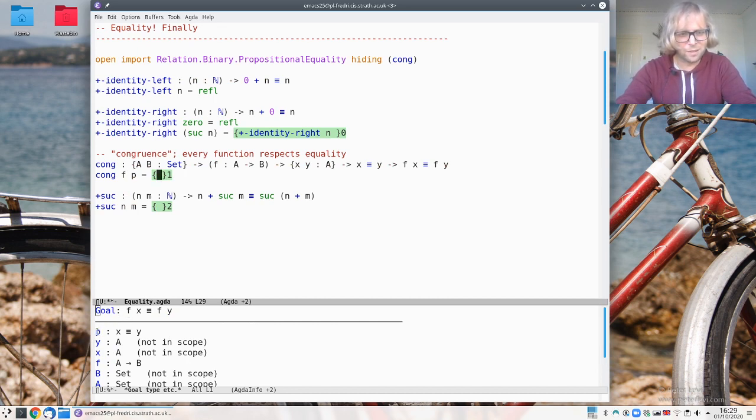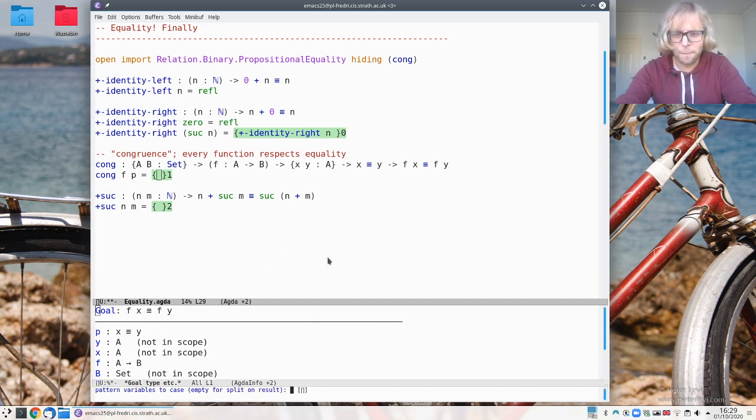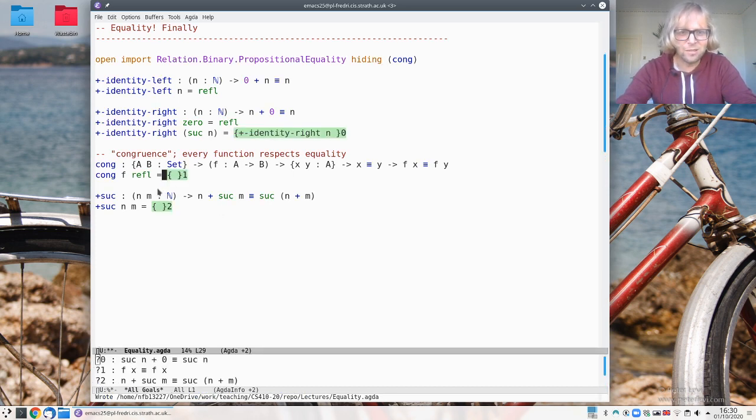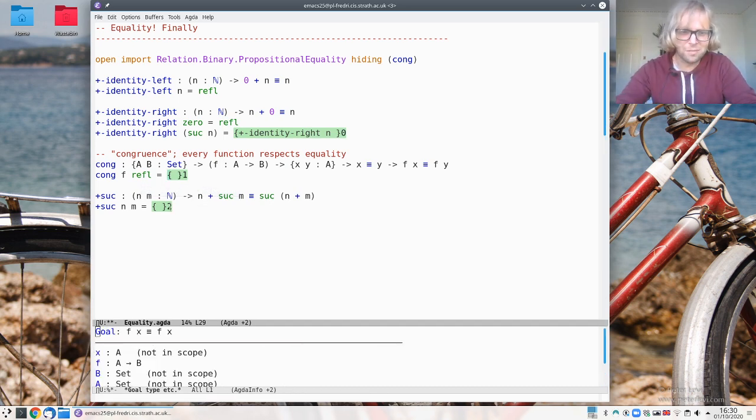We have a proof p that x equals y, so let's pattern match on that p and see what it could possibly be. Okay, so I pattern match on p, and we see that there's only one case, refl. But now something magical has happened, because it only makes sense for refl to match here if x and y are actually the same thing.